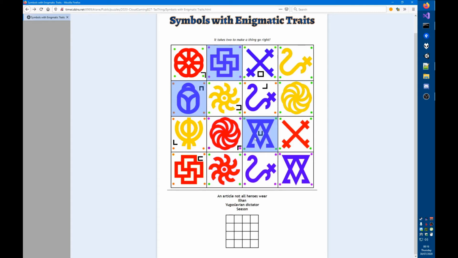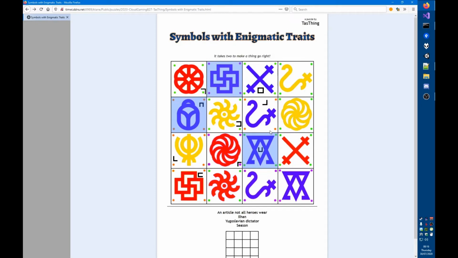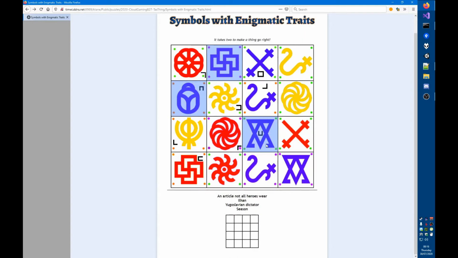The symbols all have the same colors, they're all purple, purplish blue, and the dots around them all have different colors. You can see this one is purple, this one is orange, and this one is green. I'm starting to wonder if that particular choice of colors of purple, green, and orange might be a reference to another module.